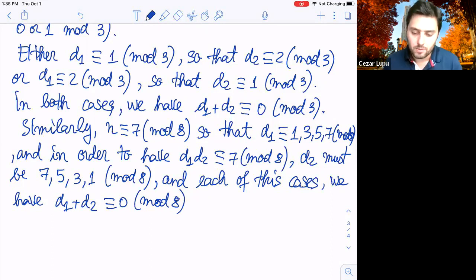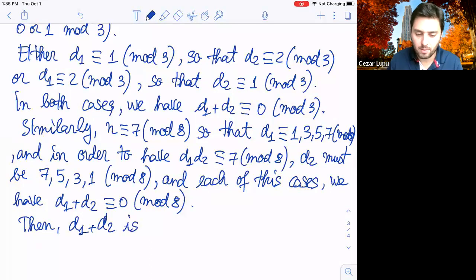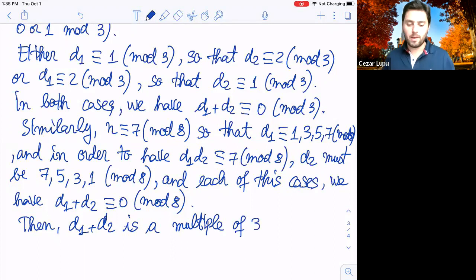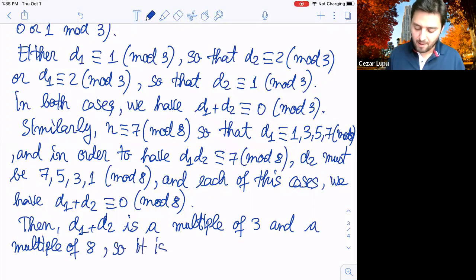So this implies that D1 plus D2 is a multiple of 3 and a multiple of 8, so therefore it is a multiple of 24.